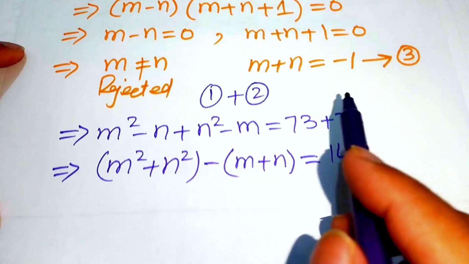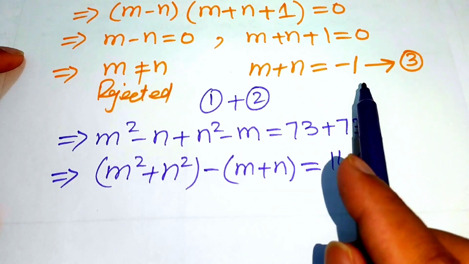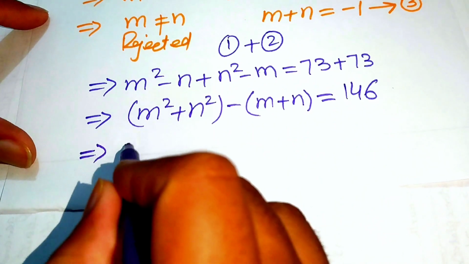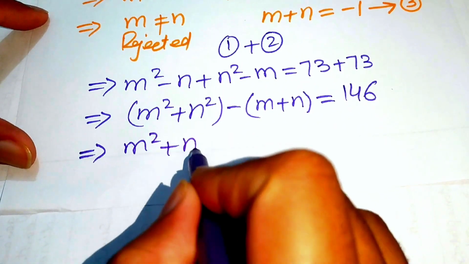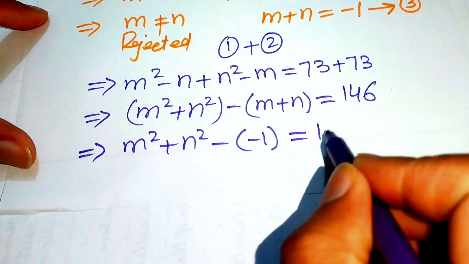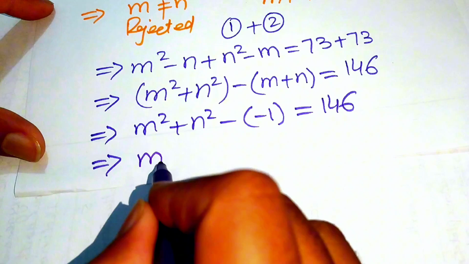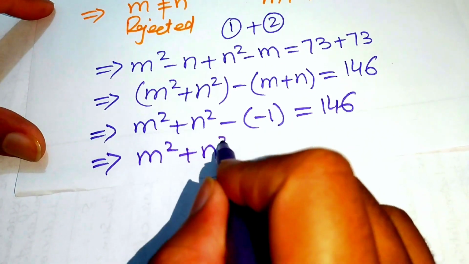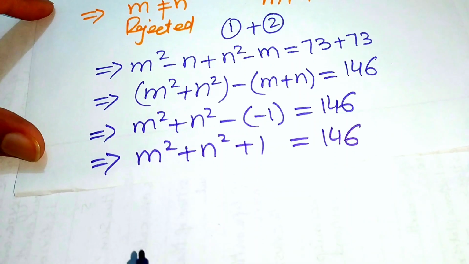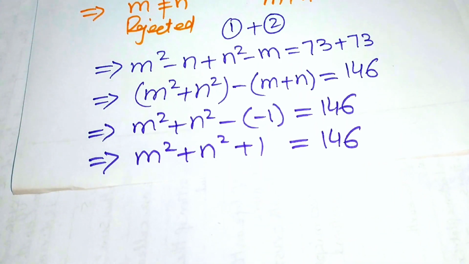146. Here we use equation number 3. In equation number 3 we have the value of m plus n equals minus 1, and we substitute this value here and we get m squared plus n squared minus (minus 1) equals 146. So this implies m squared plus n squared plus 1 equals 146, because minus times minus becomes plus 1.